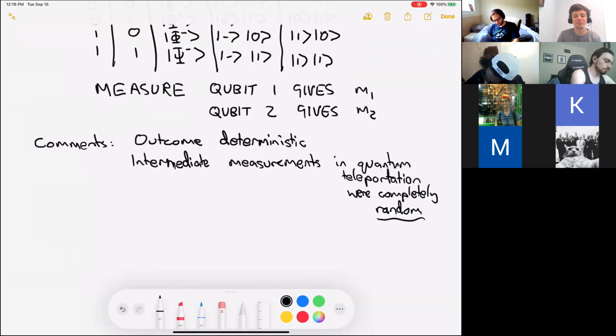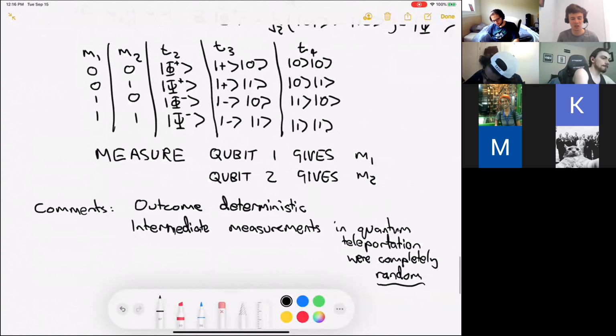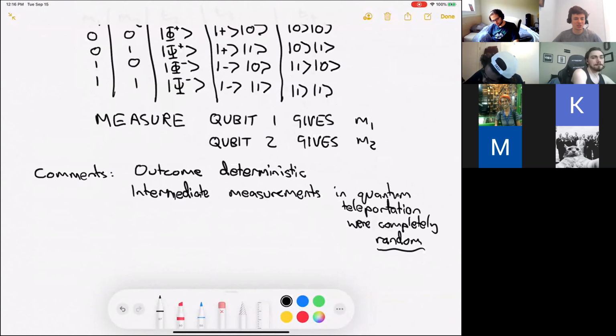The reason the quantum teleportation process worked is that we sent those 2 classical bits from Alice to Bob, yet those bits themselves, which were able to perfectly transmit a quantum mechanical state in some sense, were completely random and didn't depend at all on what the state psi was, right? No matter what the state psi was, we had a 25% chance of getting each pair of measurement outcomes.